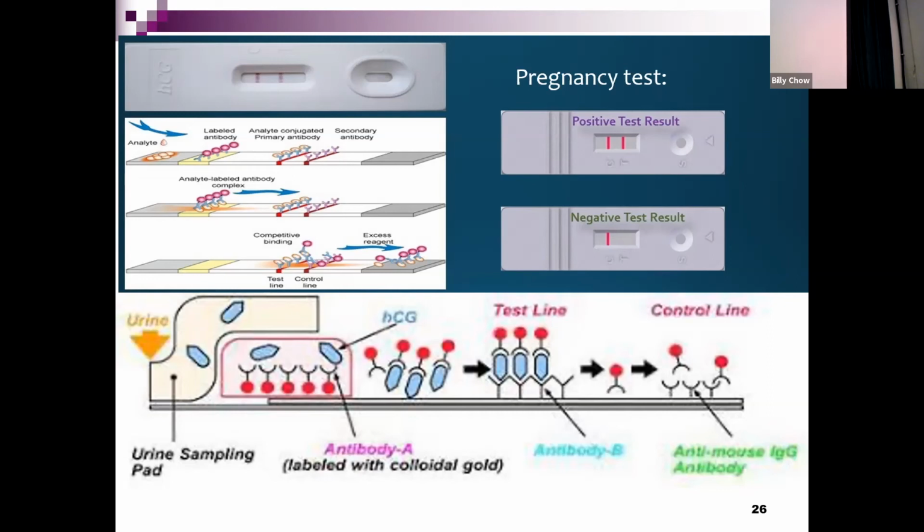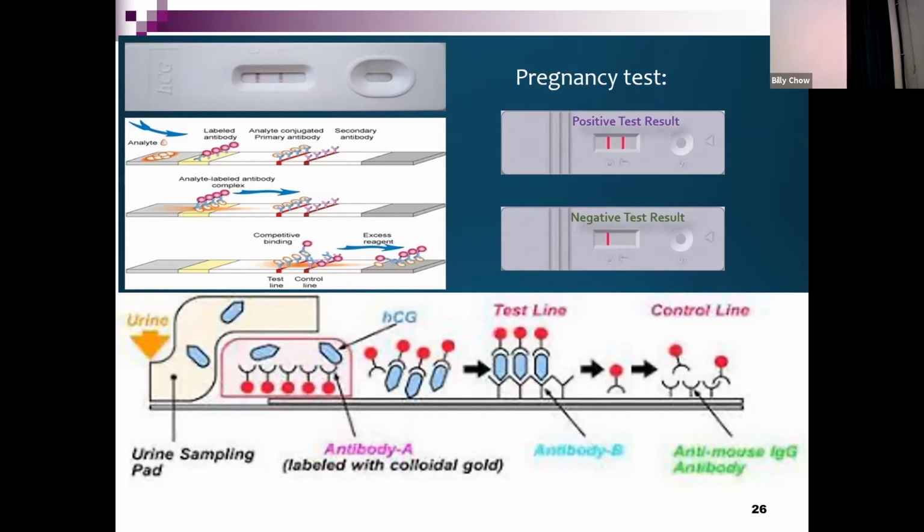So you also need to know whether the test is good or not, right? So you need a control. So you make sure that there's some color antibody that's traveling down this test here.